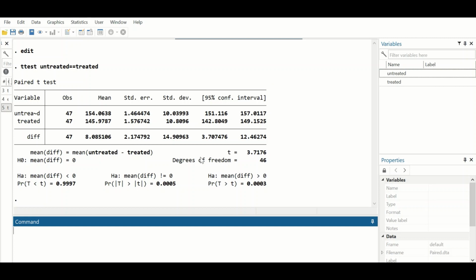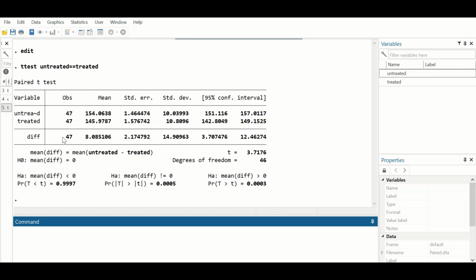What is important here is the 95% confidence interval, and the mean difference of 8 falls within the lower value of 3.7 and the upper value of 12.4 of the 95% confidence interval. This gives a layer of confirmation that there is a statistically significant difference between the treated and untreated, and the drug is lowering the systolic blood pressure.